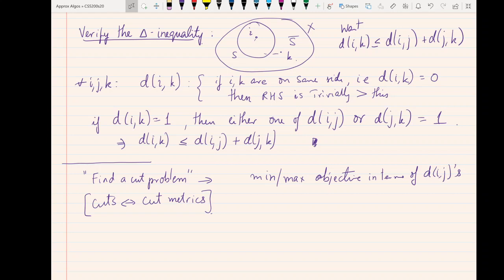Okay, so the dij's are the variables subject to the fact that d is a cut metric.